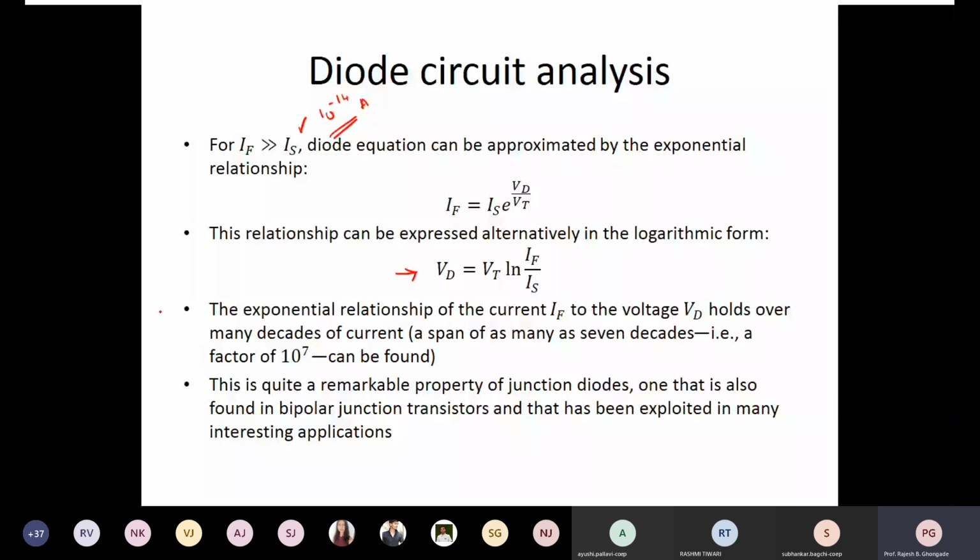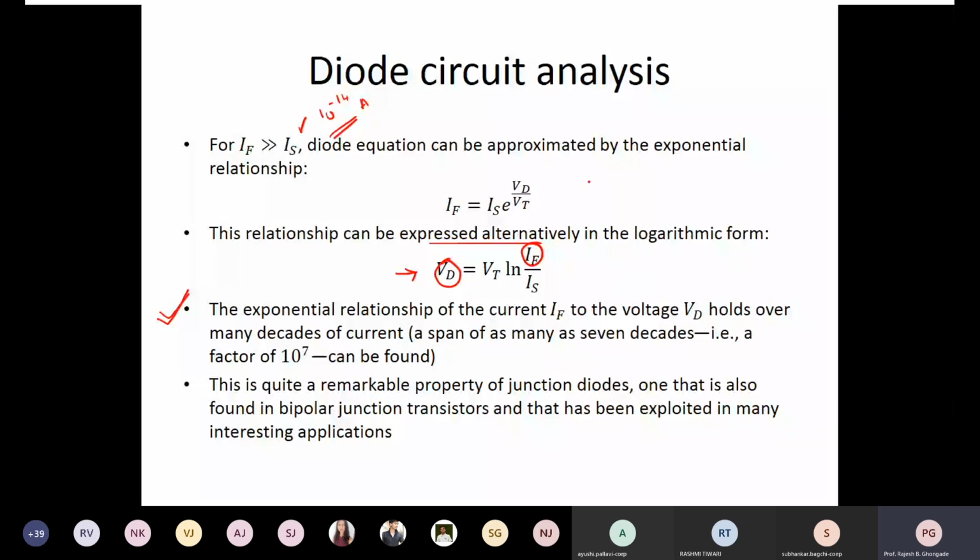All right. Now this is interesting to note. It is interesting to note that this exponential relationship of IF to Vd holds over many decades of the current. That span of decades can be as large as 10 to the power 7.